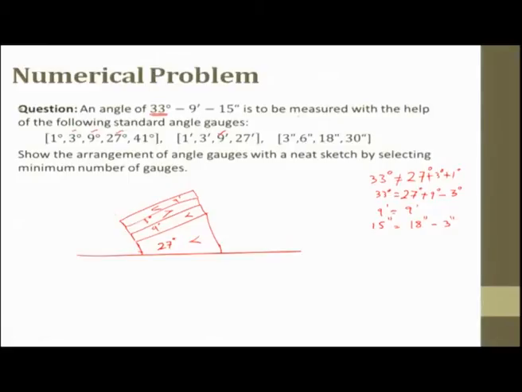So, I will add 18 in the same direction and then subtract 3 in this direction. Now what I have got is the angle which is 33 degrees 9 minutes and 15 seconds. So, this is addition and this is subtraction, and this is how the answer is got.